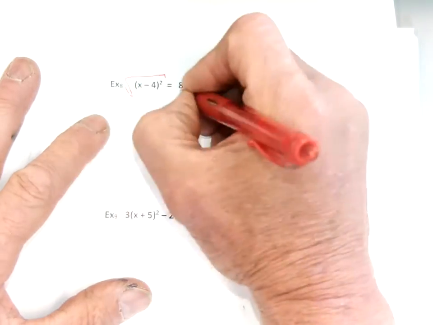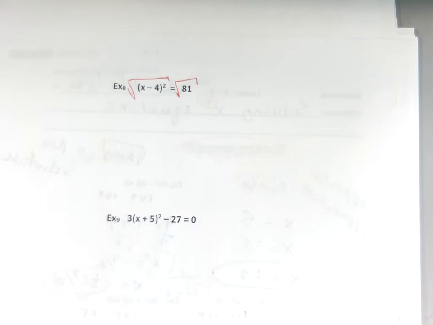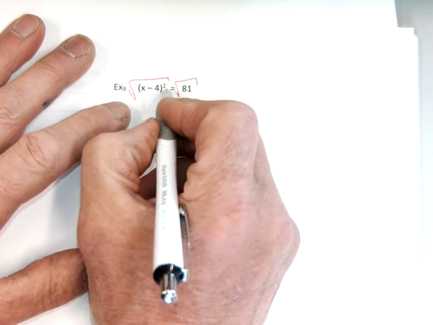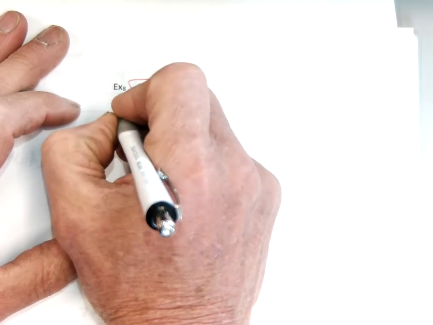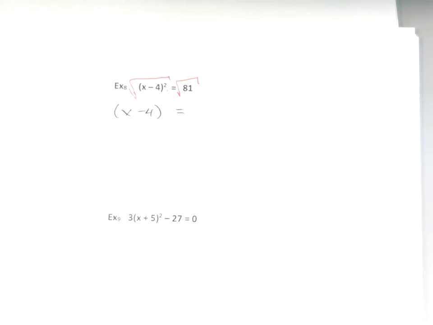I'm going to take the square root of both sides first. What's that going to do? It's going to get rid of the square. The square root is the opposite operation of the square. They cancel each other out. And I'm just left with x minus 4. I don't need the parentheses.